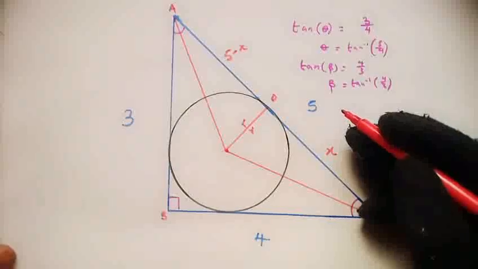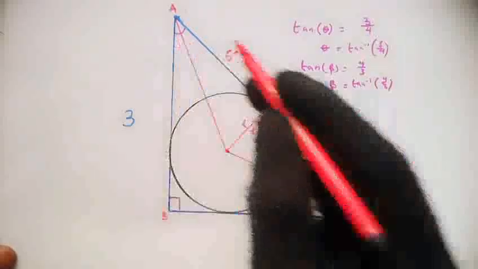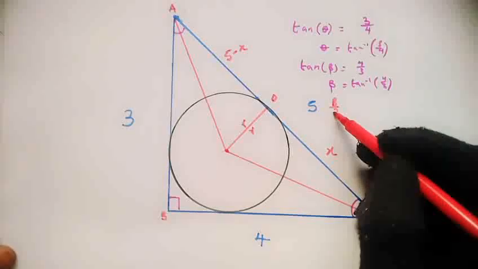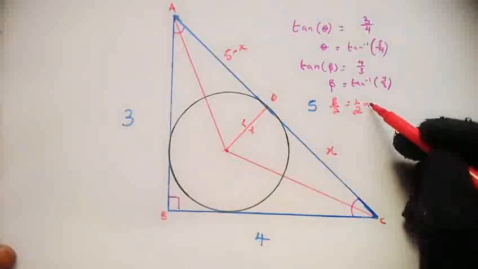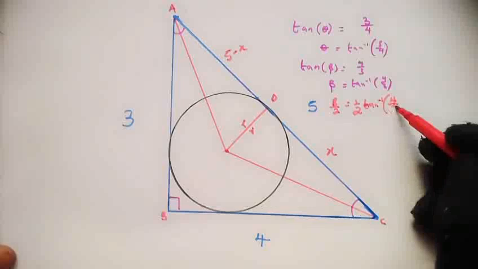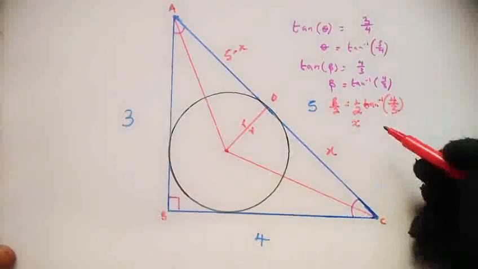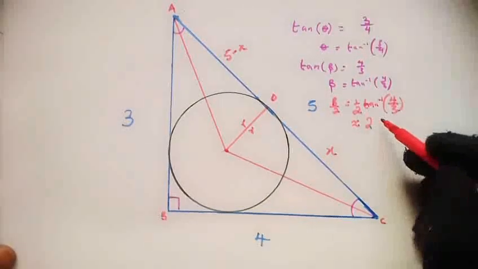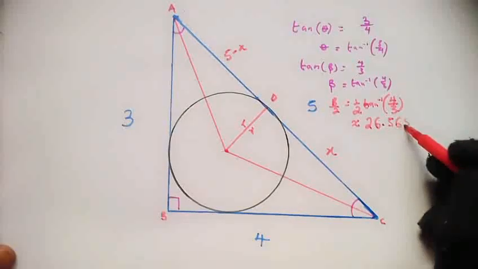So now what is the next thing to do? We know that each of these angles is beta divided by 2. So we have beta over 2 is 1 over 2 the inverse tangent of 4 all over 3, and this is approximately equal to 26.565.